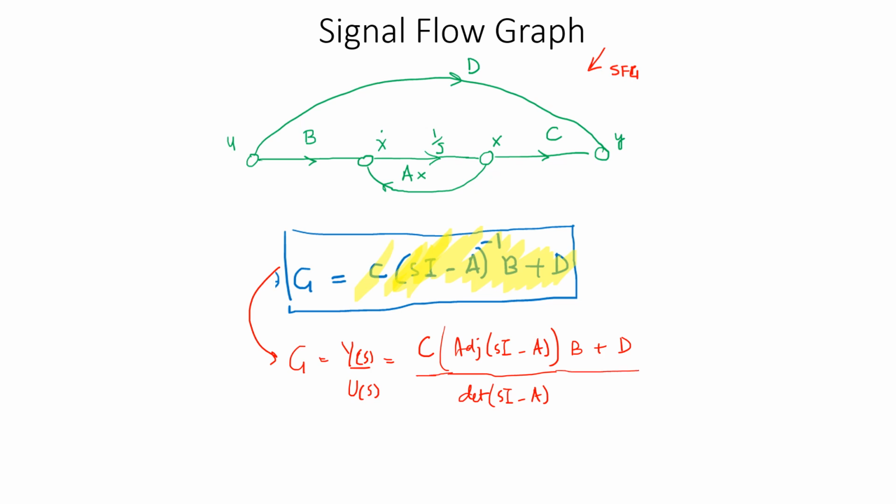So this is, in that sense, a ratio between the two expressions, one that you have got in the numerator in the S domain, and the other which is in the denominator also in the S domain. Now this denominator in the S domain is actually equal to the determinant of sI minus A, and when this is equated to 0, this is what we call the characteristic equation.